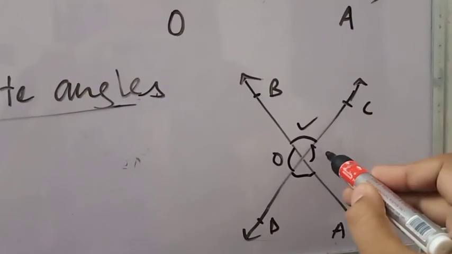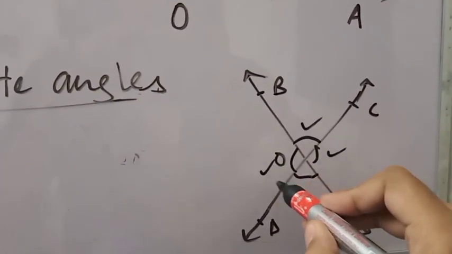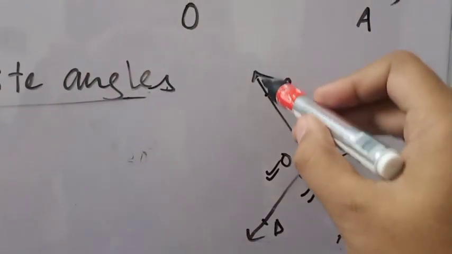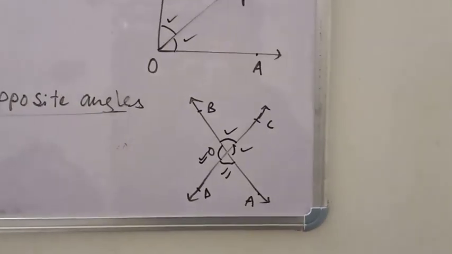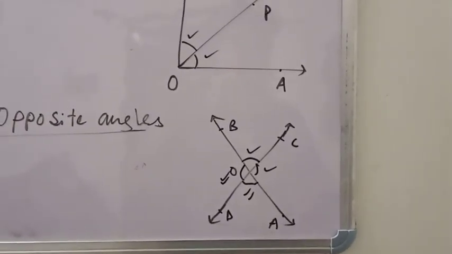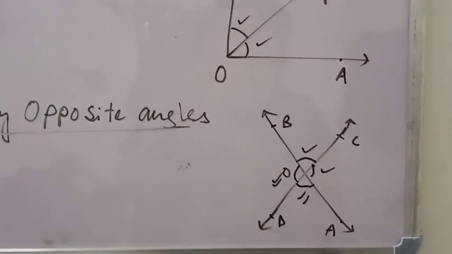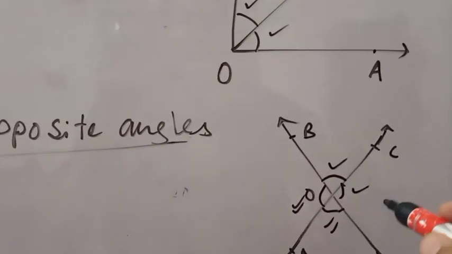This angle and this angle are in linear pair. Similarly, this angle and this angle are in linear pair. If we add these two angles, we get 180. Similarly, if we add these two, we get 180.